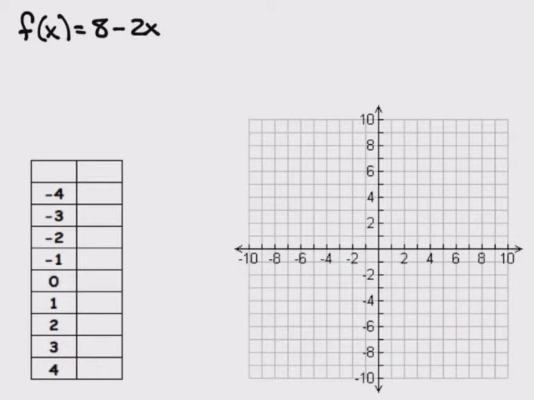And what's great about having this already in function notation, or already in output equals form, is that we've got our y-intercept staring at us in the face. Our y-intercept for this graph is going to be 8. So before we do anything, we can already graph that ordered pair. What's also great is we have our slope, -2, staring at us right in the face.